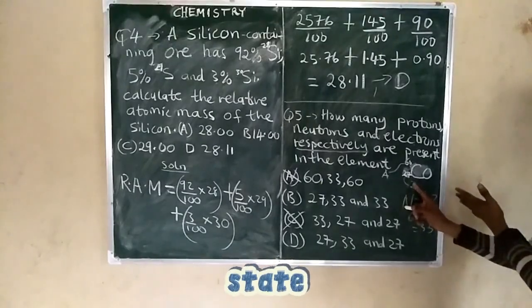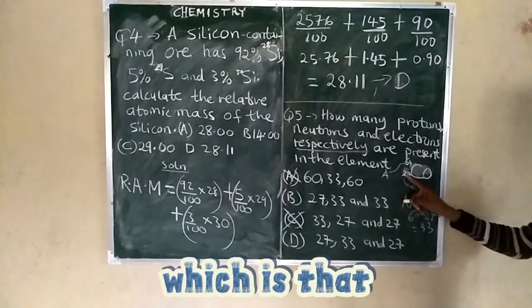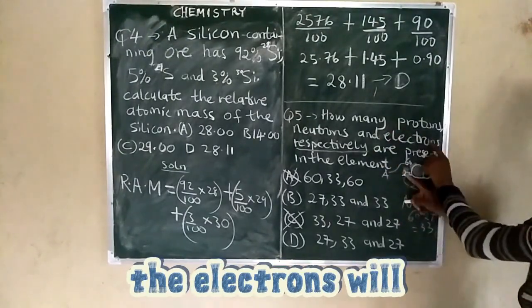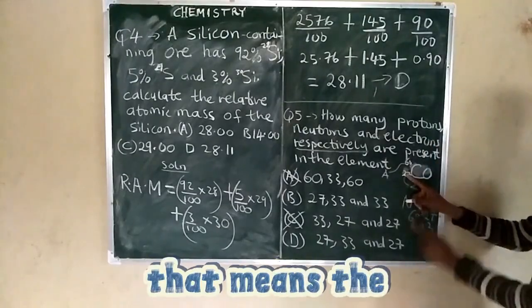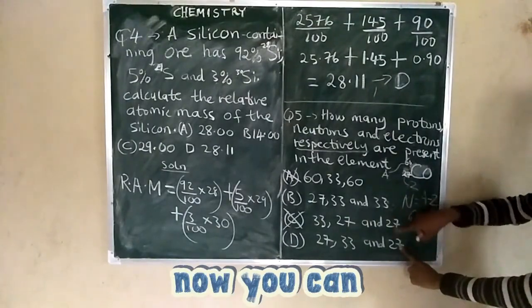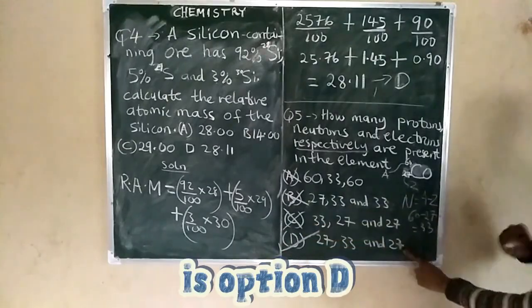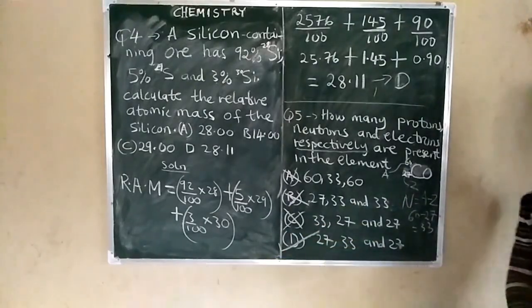So if the number of protons is 27, that means the electrons will be 27. That means the last value is 27, but here is 33. So you can see the difference now. So this is not the answer. My correct answer is option D.